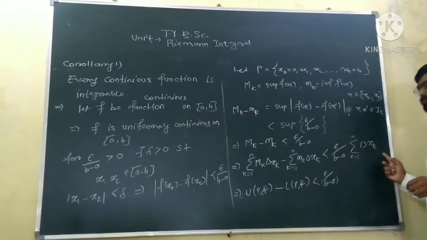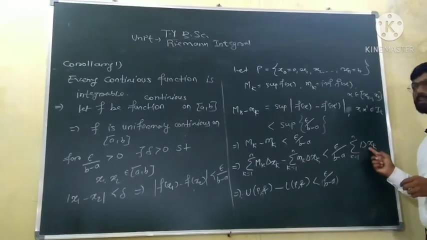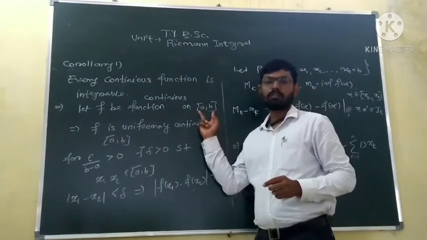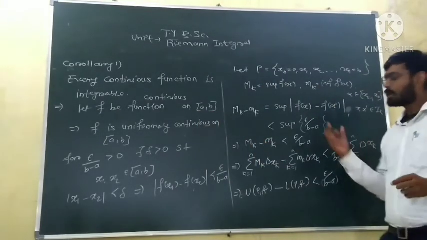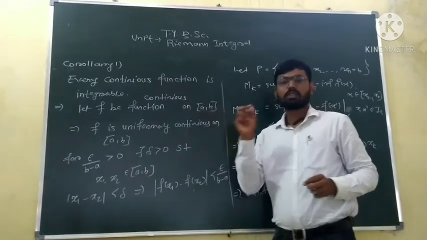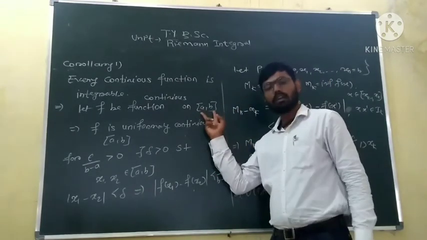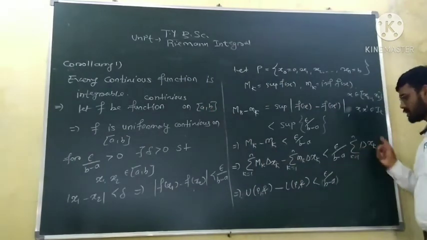Now the sum of the lengths of all intervals is nothing but the length of the total interval. The Ik are the subintervals of this interval, so the sum of the lengths of each subinterval is nothing but the length of the whole interval. The length of this interval is b minus a, so the value of this sum is b minus a.